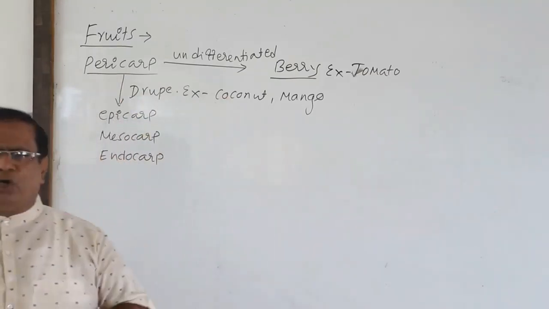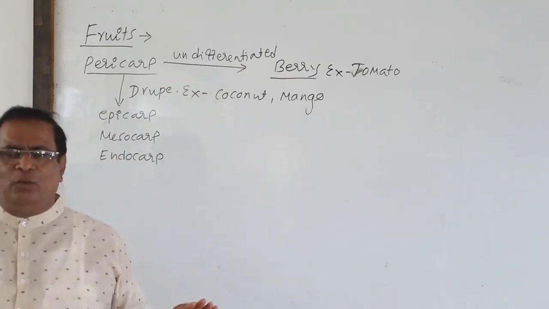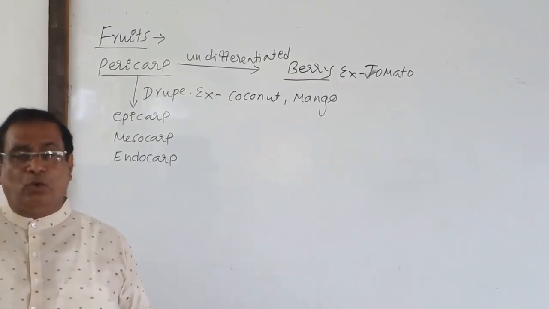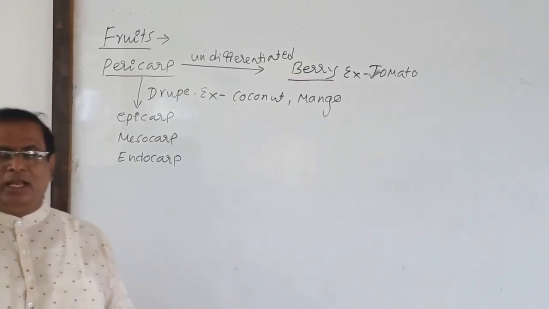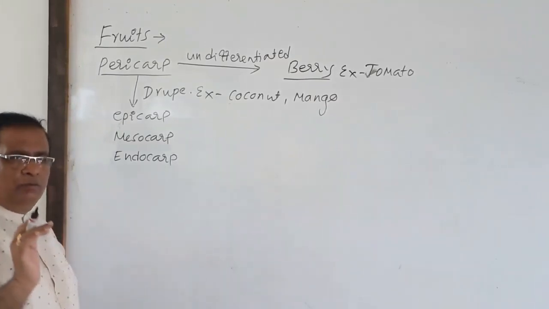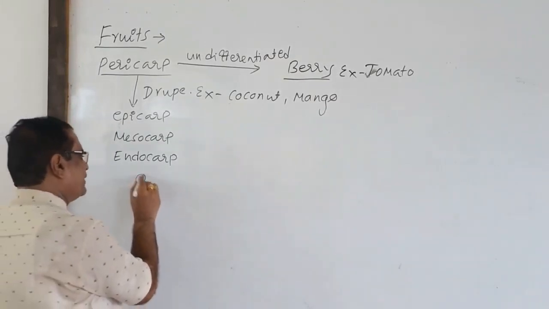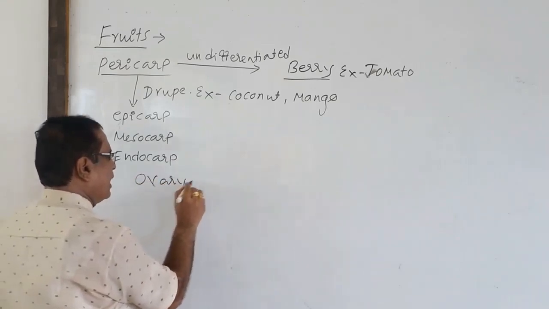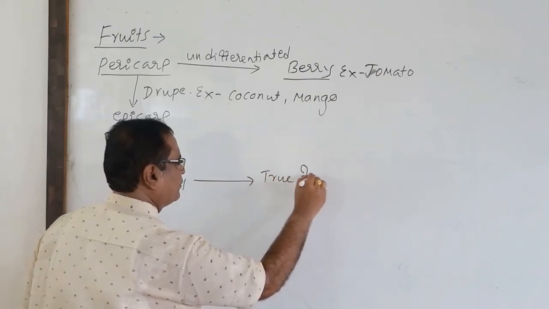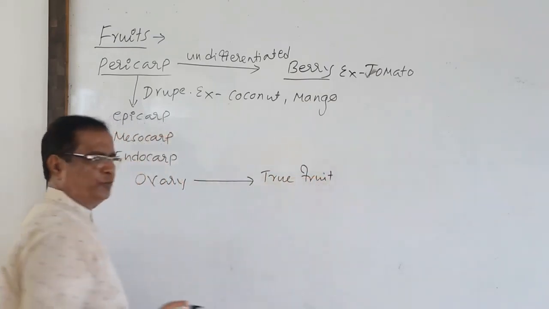In almost all fruits, we see the ovary becomes fruit. Any fruit which is formed from the ovary after fertilization is a true fruit. What is a true fruit?